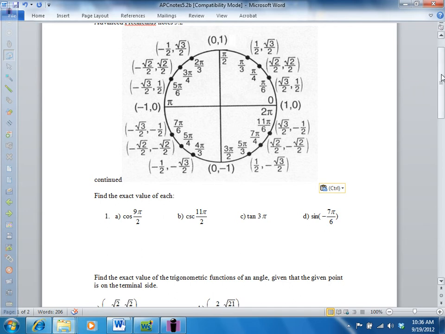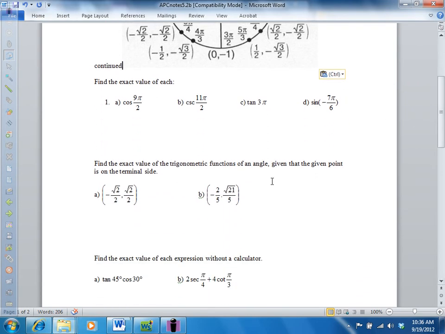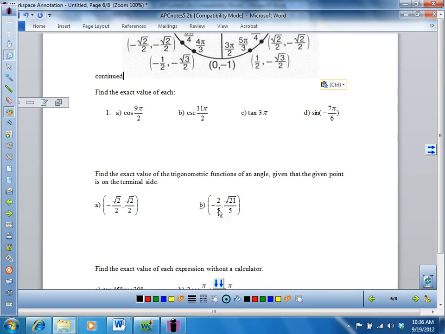Now, with this one right here, you have to draw a different triangle, a different circle. So if you see one like this where it's not something that you're familiar with, the best way to do this is to draw a circle.